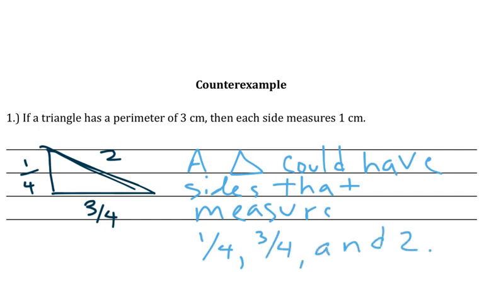So I contradicted this. This is not 100% true in all cases. And you could have come up with a different example too, like a triangle where it would be 1/2, 1/2, and then 2. That would also be a right triangle.